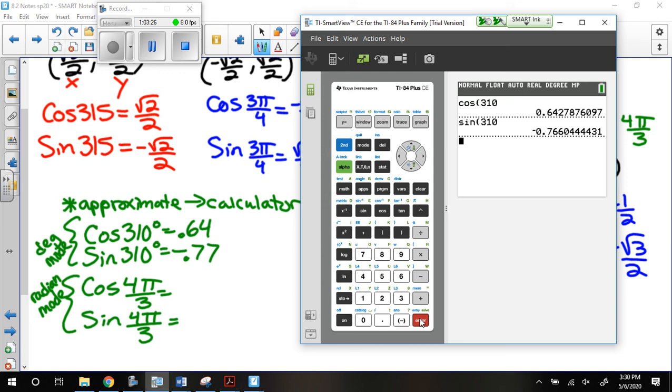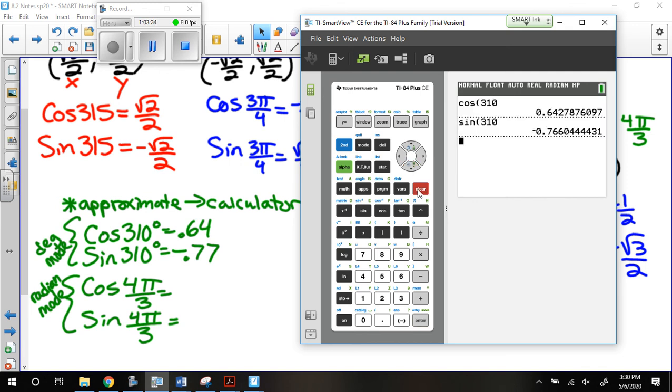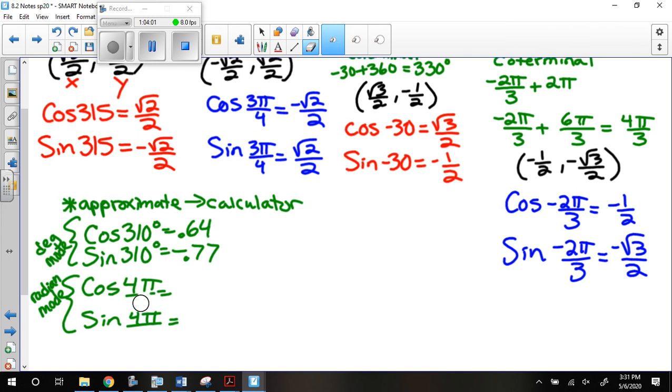Now if I switch my mode to radian, and then hit clear, I can do cosine of 4 pi divided by 3, which would be negative 0.5. Wait. Did I mean to write 4 pi over 3? No, I think I said 4 pi over 5 earlier. Let's pick something that's not on my unit circle, because that's on the unit circle.